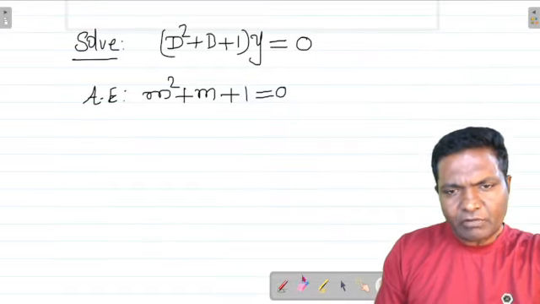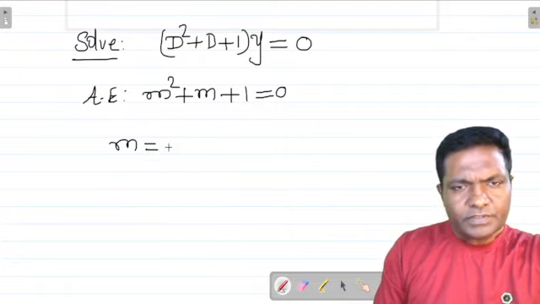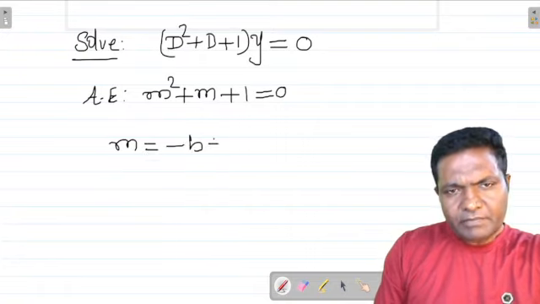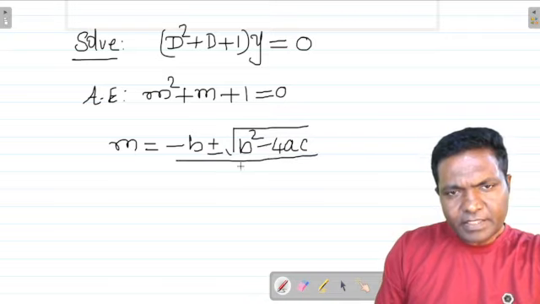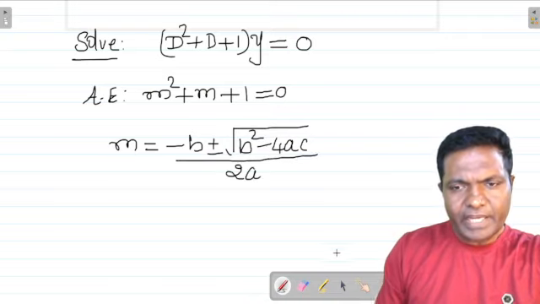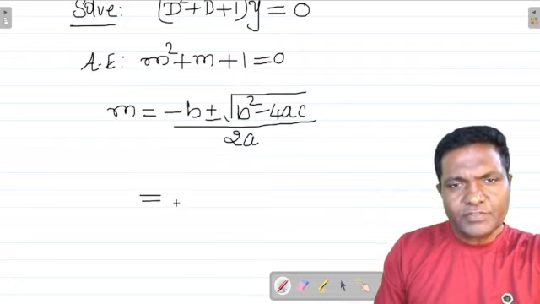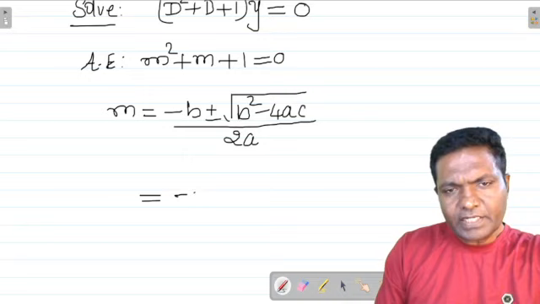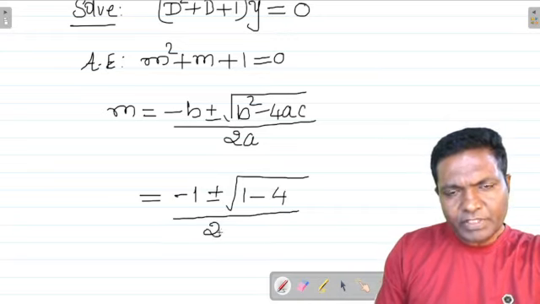This is clearly non-factorizable, so you can use the formula m equals minus b plus or minus square root of b² − 4ac, divided by 2a. Here a is 1, b is 1, c is 1. So you can write minus 1 plus or minus square root of 1 minus 4 into 1 into 1, that is 4, divided by 2 into 1, which is 2.